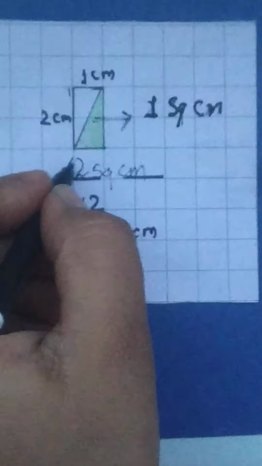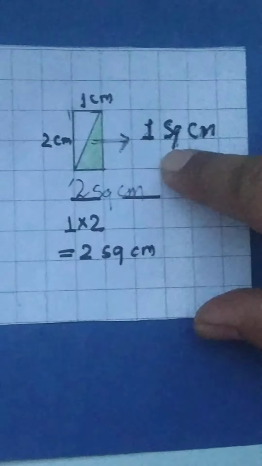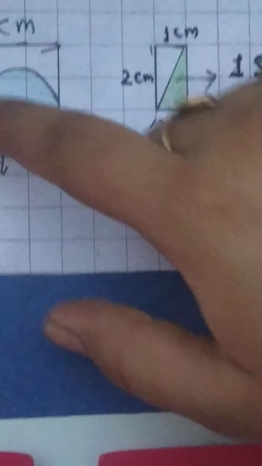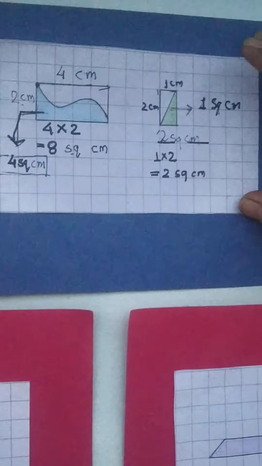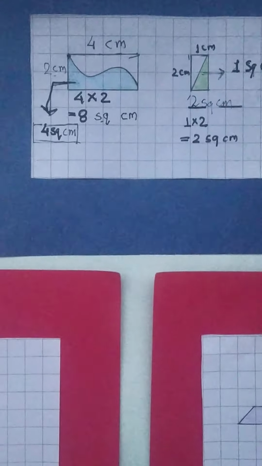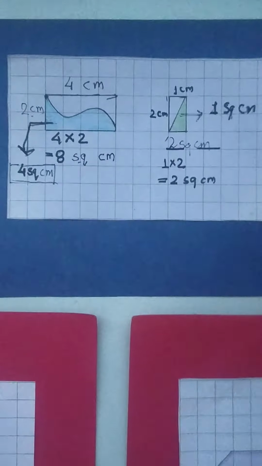So the area of this triangle will be 1 square centimeter. You can also make interesting shapes under this square grid, and you can also calculate the area by taking half, by taking 1/4. Okay.